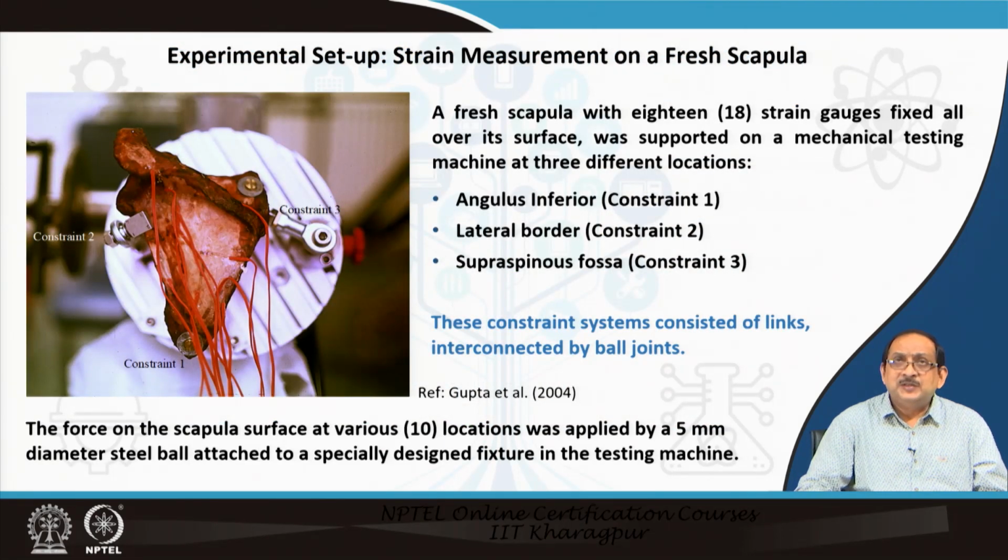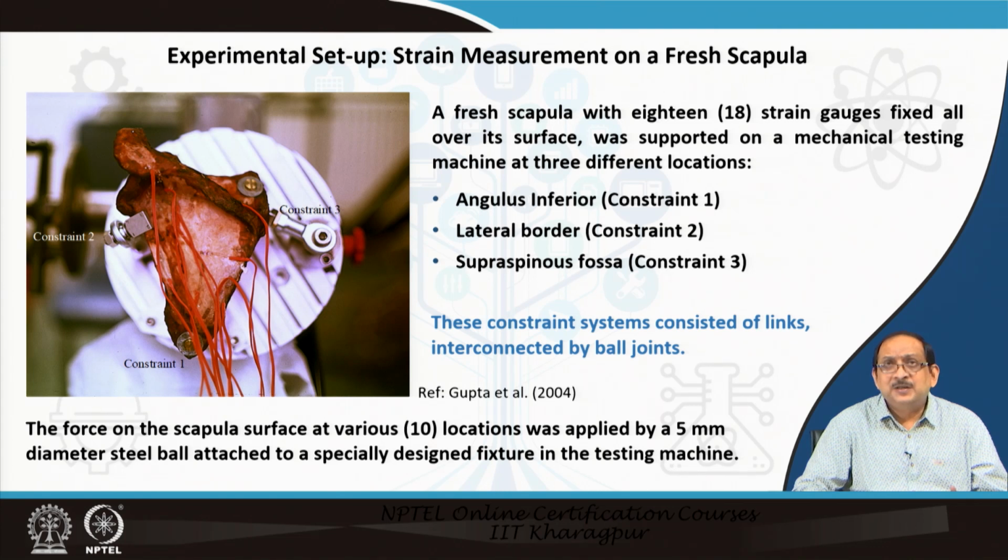Now, I would like to discuss strain measurement on a fresh sample of bone, and that sample of bone is a scapula. It is a fresh sample of bone taken from donated cadavers, and this had been used for an experimental validation of a finite element model.